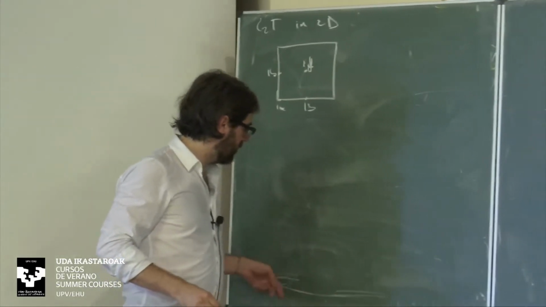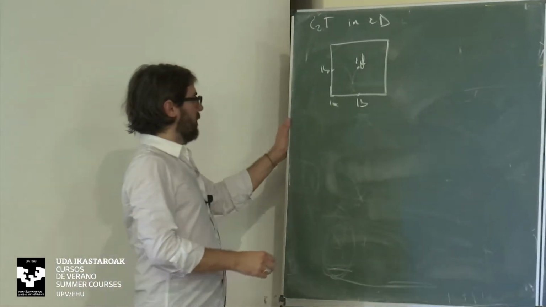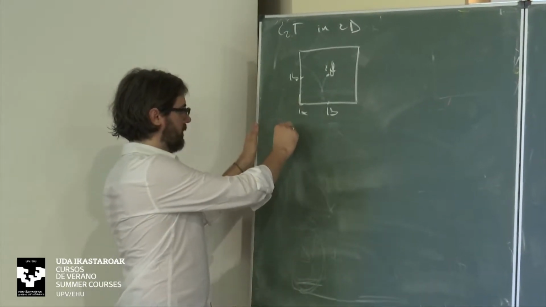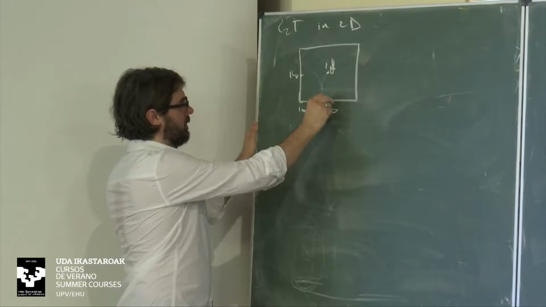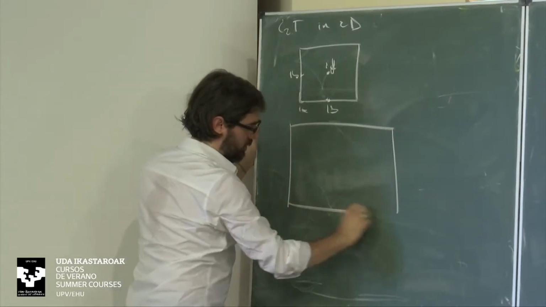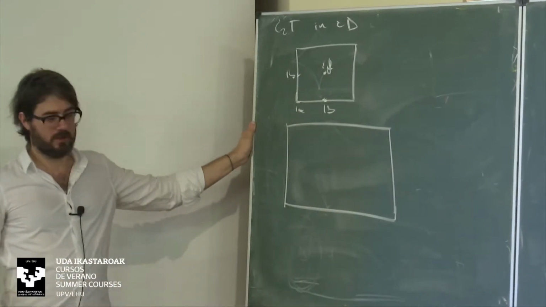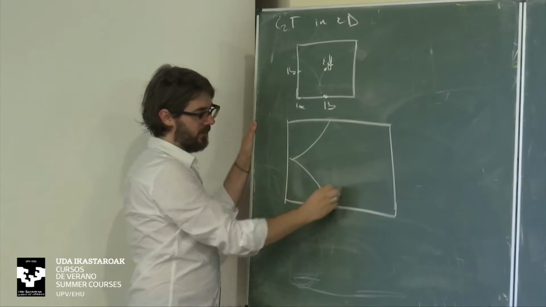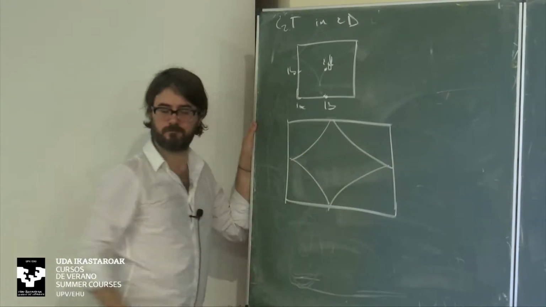So now, what I want to do is create a band that has a Wilson loop that looks very much like this. Okay?